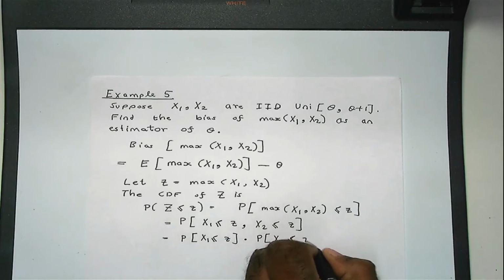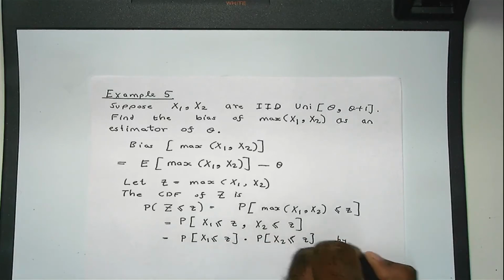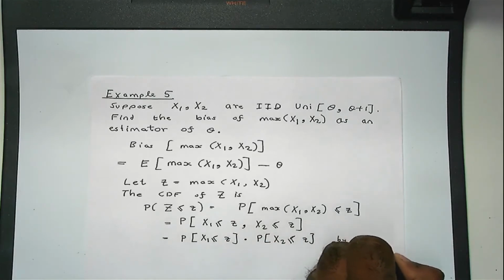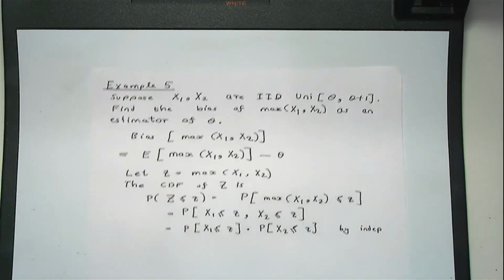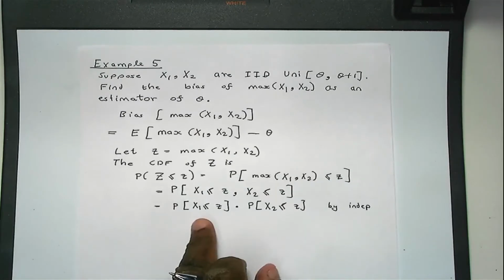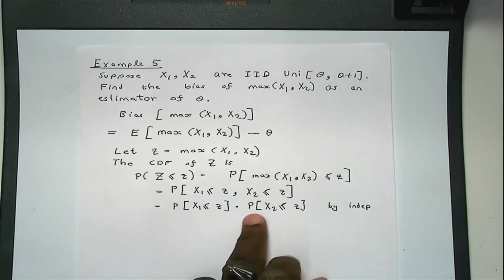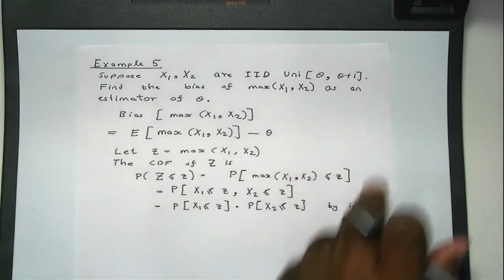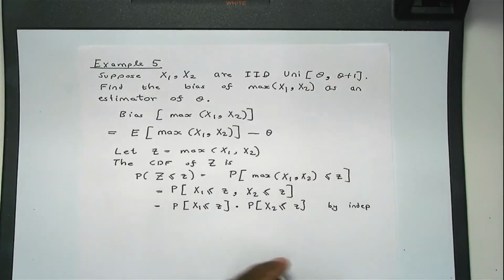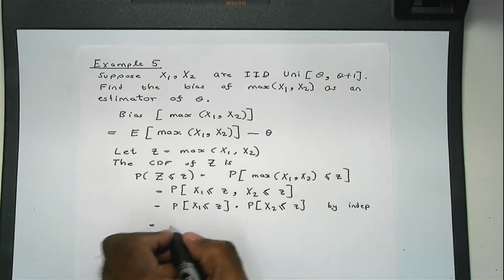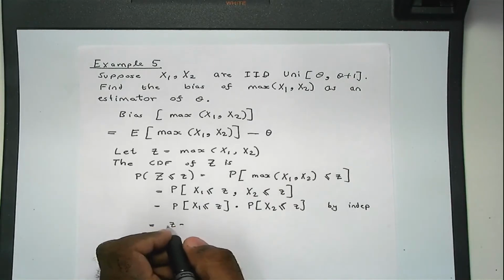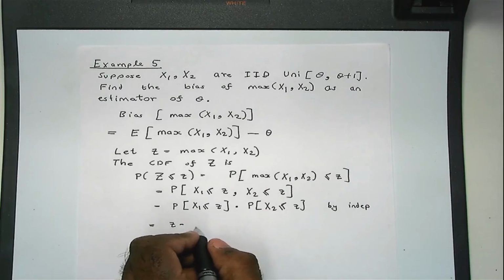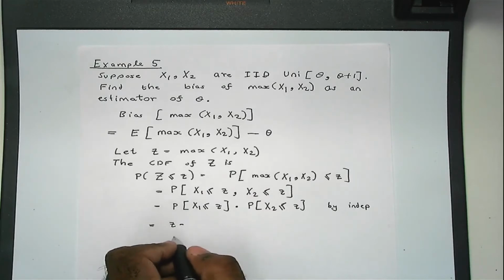okay, that's by independence. Right? Now, x1 we know is a uniform variable, x2 is also uniform. So what you have here is the CDF of a uniform on theta, theta plus 1, and the same thing here. So I'm sure you guys know the CDF of a uniform is z minus a divided by b minus a.